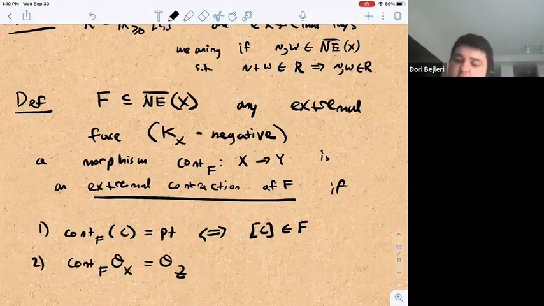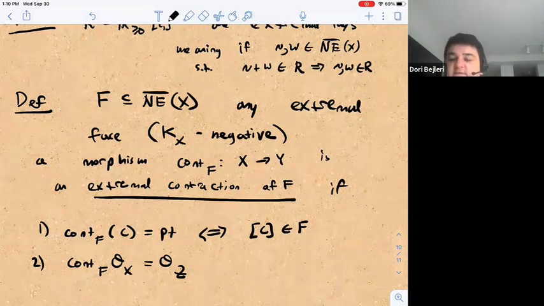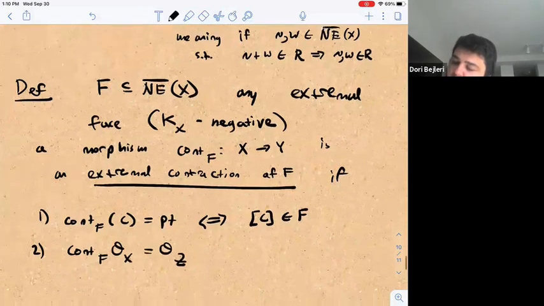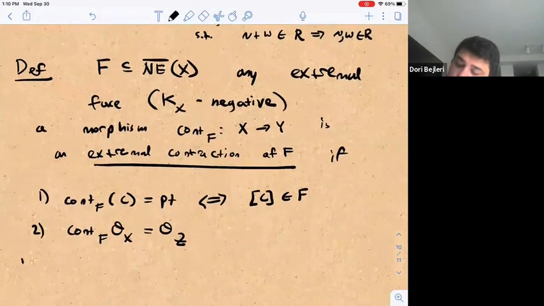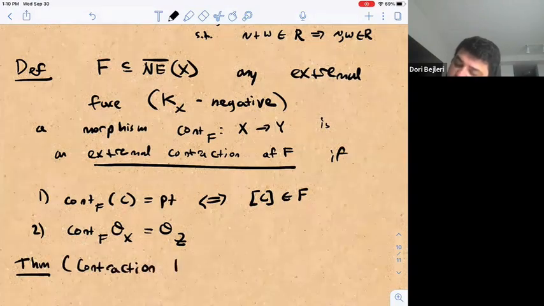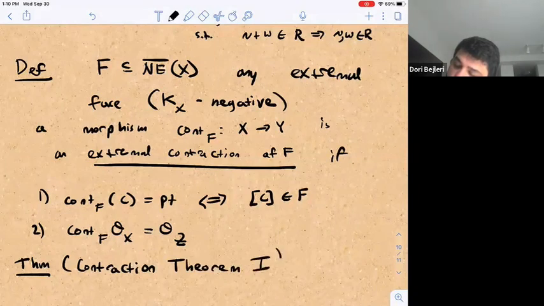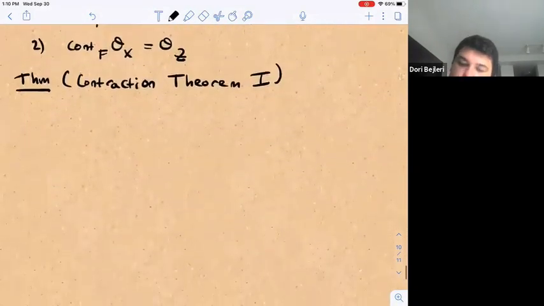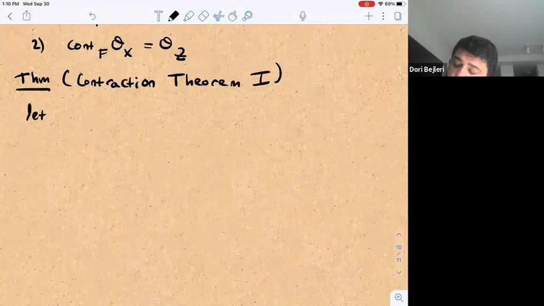Okay, so that's a definition that I guess we can make even if we're not on the KX negative side. But then the contraction theorem essentially tells us that extremal contractions exist when we take a KX negative extremal face, or extremal ray. So again, this is a special case of a much more general theorem that we'll prove later. Let's say R is a KX negative extremal ray.